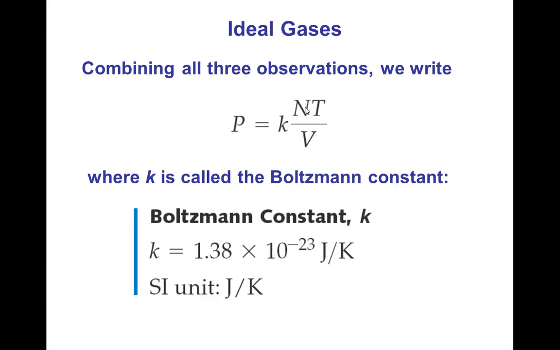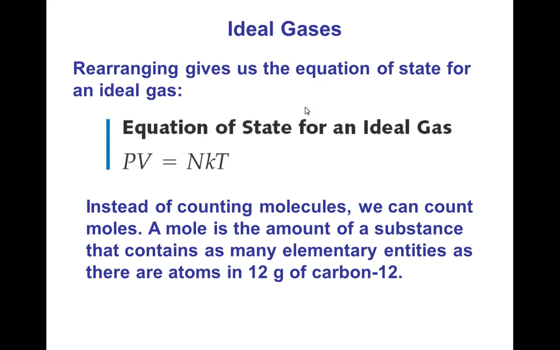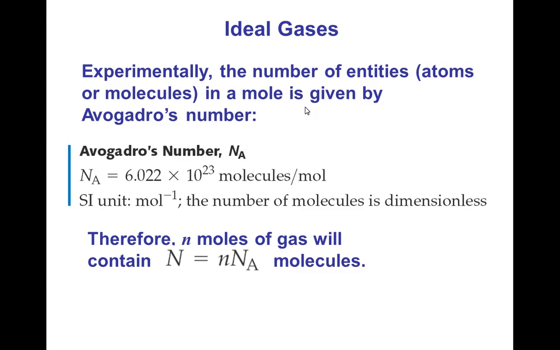We care about how many different particles there are. So that's the capital N, the number of particles. All right, so PV equals NkT. That's our physics version of the ideal gas law. Pressure in pascals, volume in cubic meters, N, the number of particles, k, Boltzmann's constant, and T, temperature in Kelvin. There is our equation of state for an ideal gas.